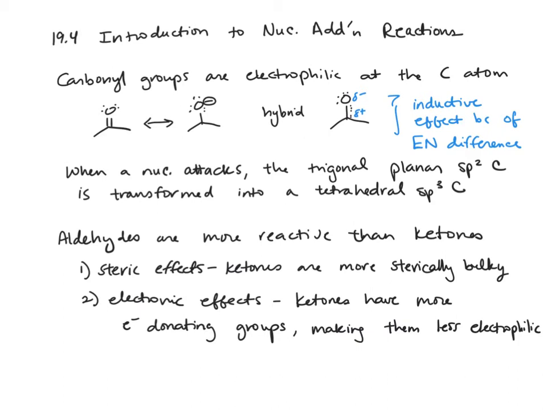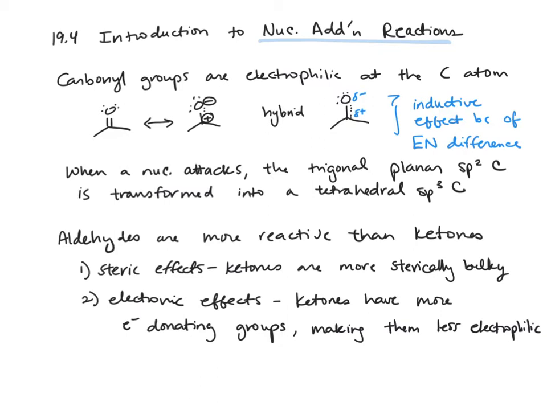The reactions that we're going to discuss in this chapter are all examples of nucleophilic addition reactions. These are reactions to the carbonyl carbon, and carbonyl carbons are electrophilic because of the difference in electronegativity between the carbon and the oxygen atom. The resonance form that you want to draw here has a positive charge on the carbon and a negative charge on the oxygen because oxygen is more electronegative than carbon, and that gives that carbon electrophilicity.